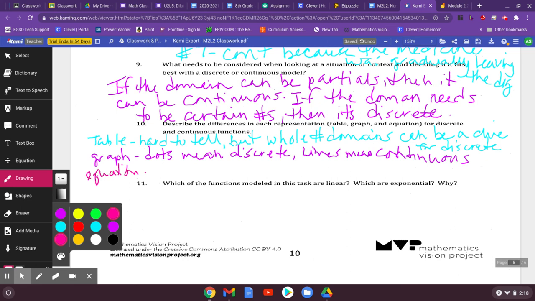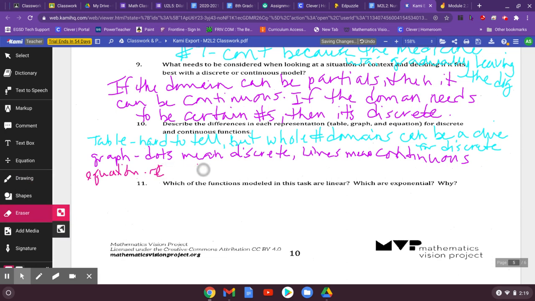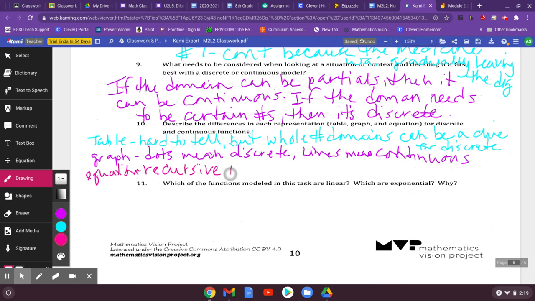So for an equation, recursive. So if somebody gives you a recursive, I don't think I spelled that right. Try that again. Recursive. If someone gives you a recursive equation, you know it is discrete.